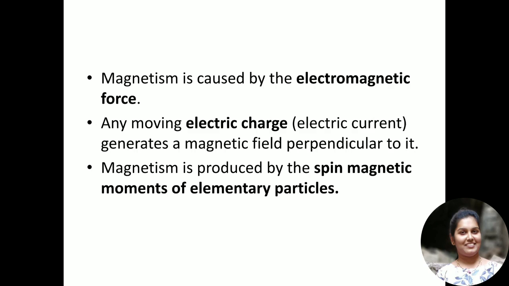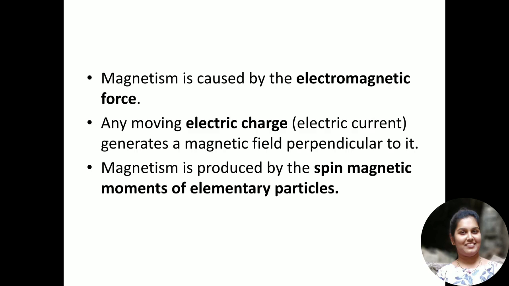And in addition to the current traveling through a wire, magnetism is produced by spin magnetic moments of elementary particles such as electrons. Thus, all matter is magnetic to some degree because electrons orbiting an atomic nucleus produce a magnetic field.